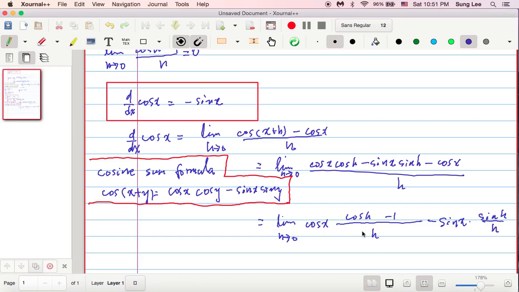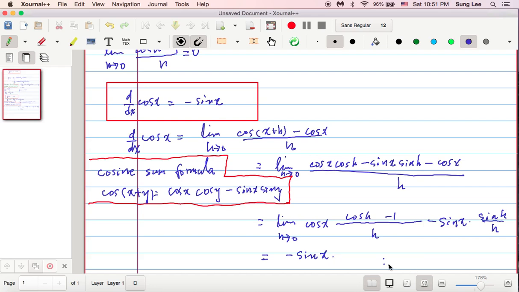Again, this cosine h minus 1 all over h, when h goes to 0, is 0. And also here, sine h over h when h goes to 0 is 1. So overall, we have negative sine x.